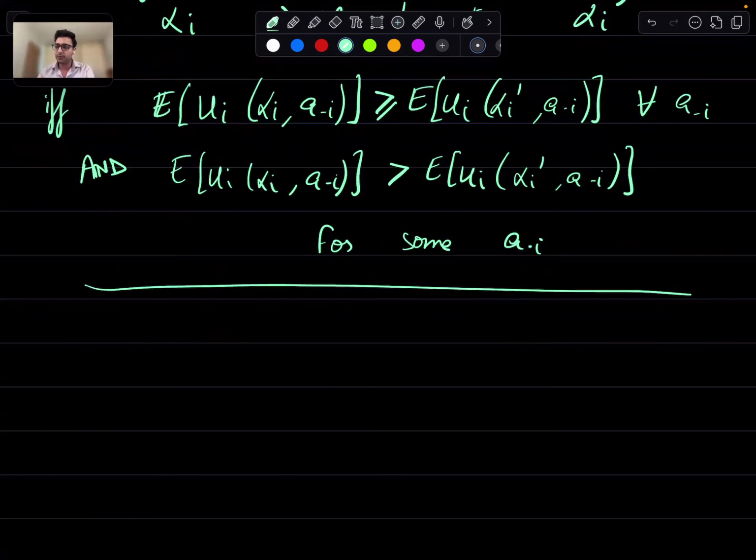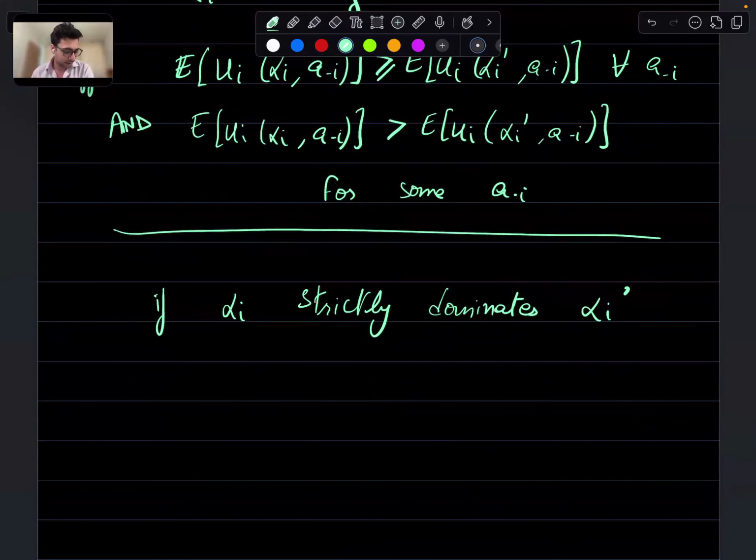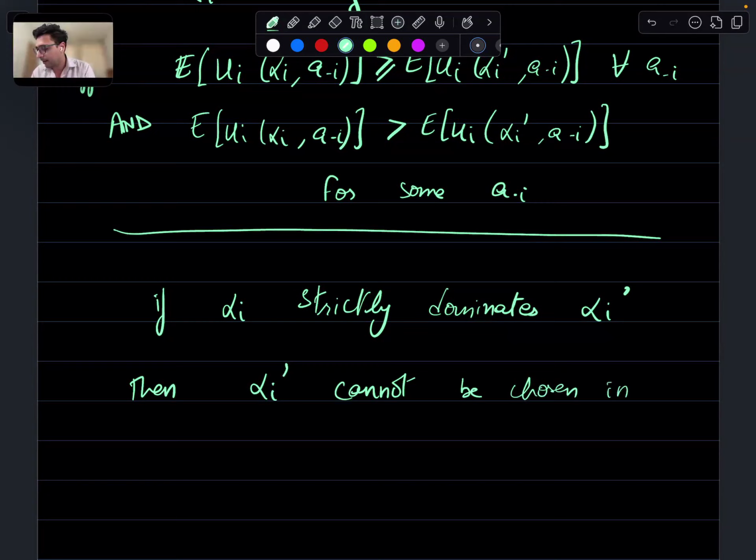Let's talk about this. Why is this helpful? It's helpful because if alpha I strictly dominates alpha I prime, then alpha I prime cannot be chosen in any MSNE.